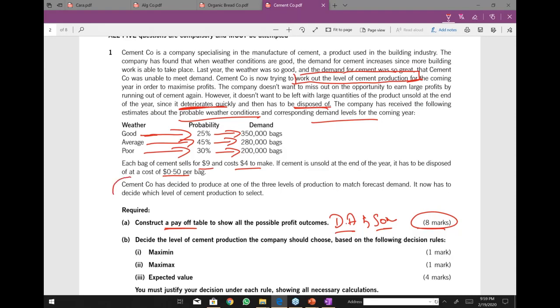Now, this is a very crucial paragraph. Cement company has decided to produce at one of the three levels of production to match forecast demand. It now has to decide which level of cement production to select.